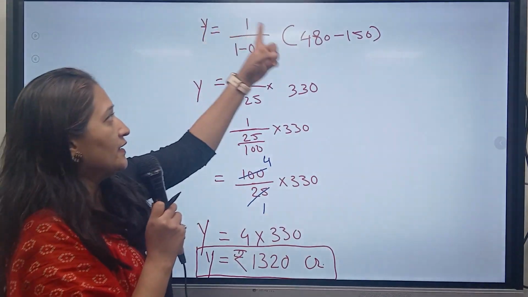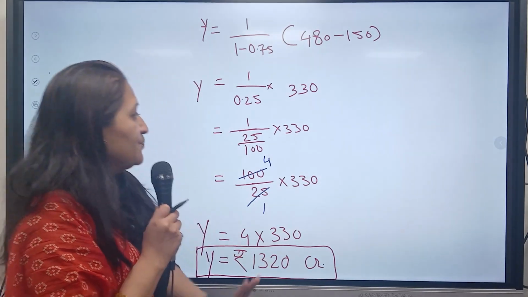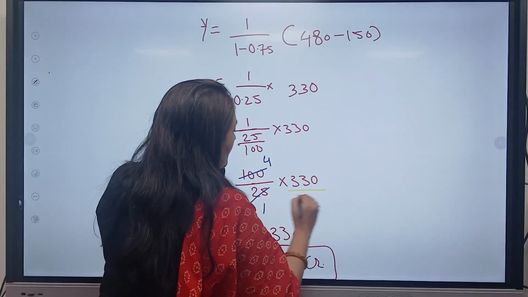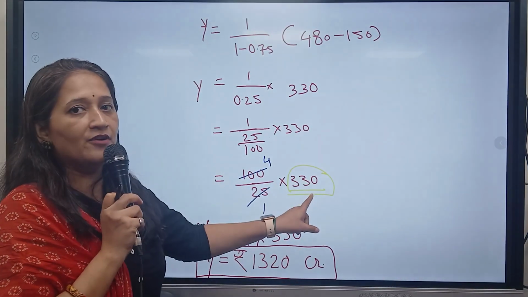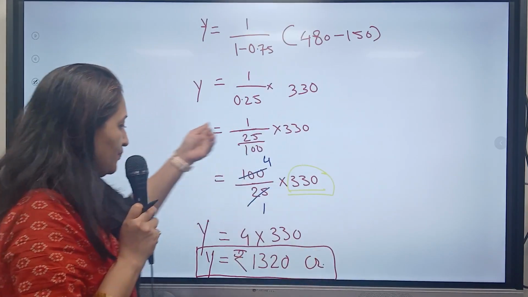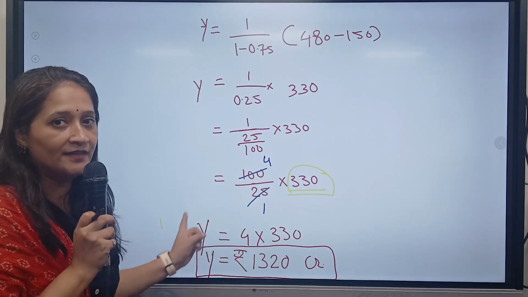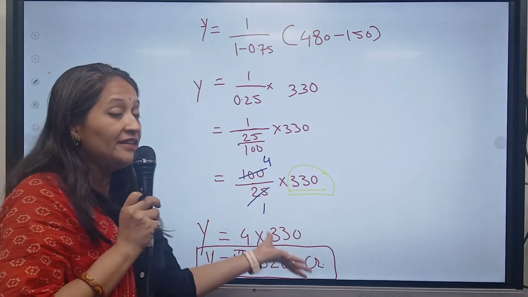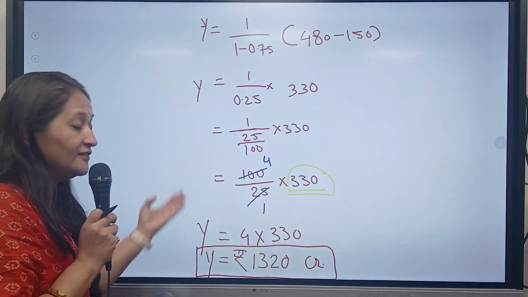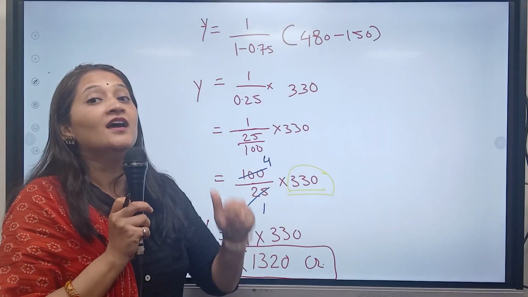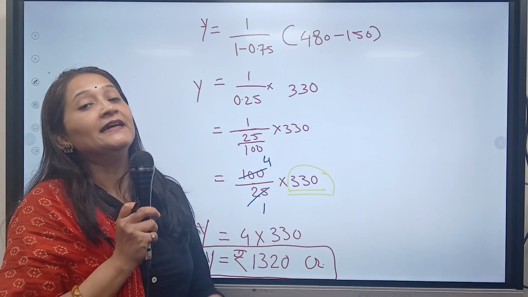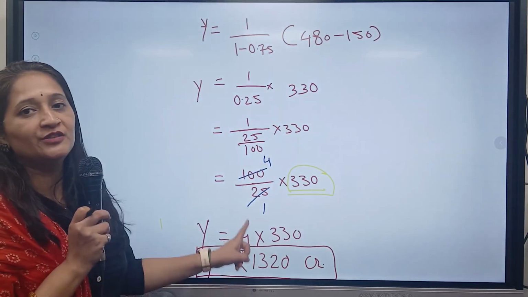What we can interpret from this case is that a 330 crore level of C plus I plus G leads to a 4 times rise in the income. With 330 crore rupees of C plus I plus G, we derive income for the country not equal to 330. There is a multiplier effect of 4 times, and thus final income generation of the country in the 3-sector economy is 1320.